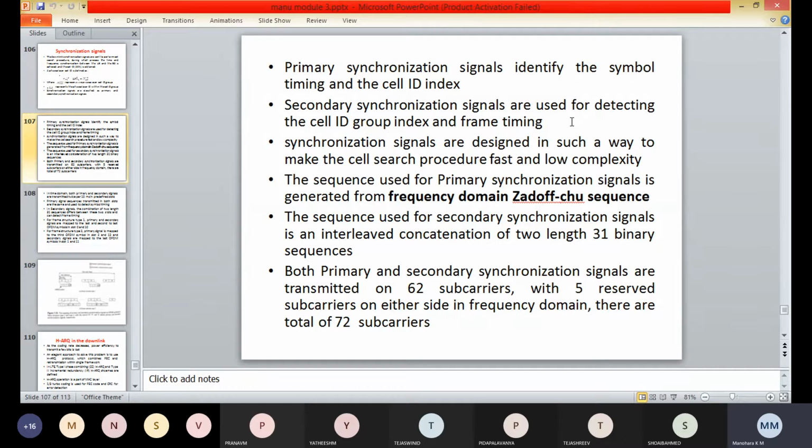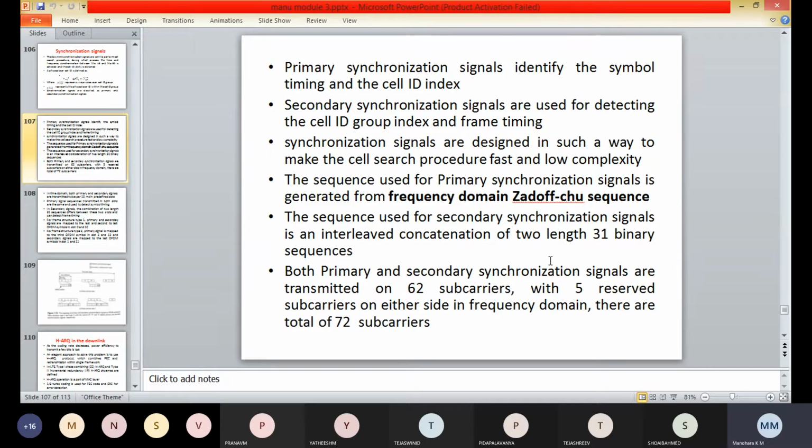A Zadoff-Chu sequence possesses the constant amplitude zero autocorrelation, that is CAZAC property, which means a low peak to average power ratio, that is PAPR. This property is desired for the synchronization signals as it improves the coverage, which is an important design objective for the synchronization signals.